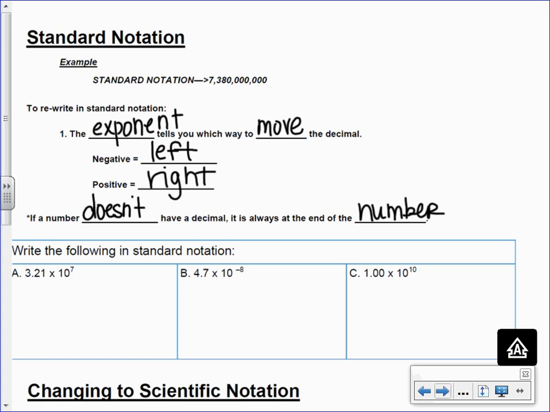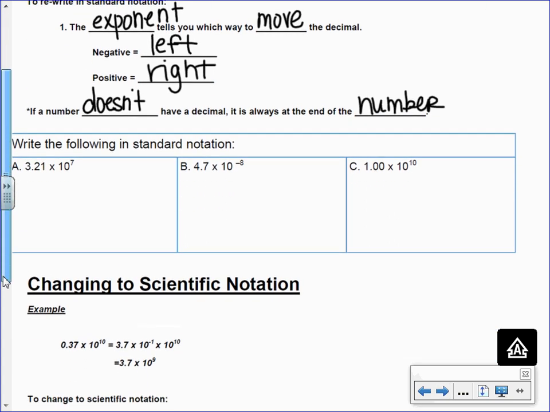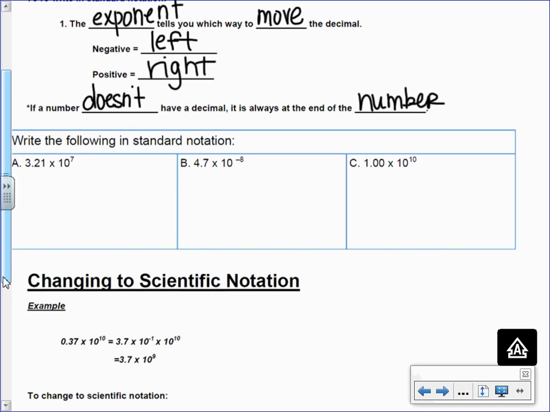All right, so we'll do a couple of these together. So 3.21 times 10 to the 7. All you're doing is taking 3.21, and it's a positive, and this exponent tells you how many times to move it. So you're moving it 7 times to the right. This is what I do: 1, 2, 3, 4, 5, 6, 7.